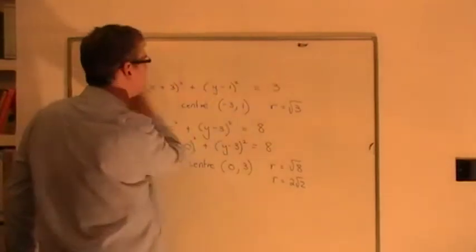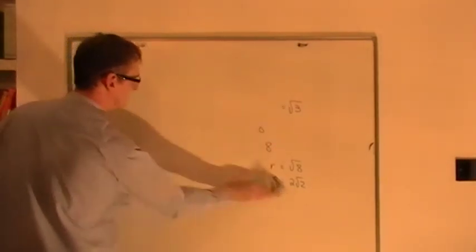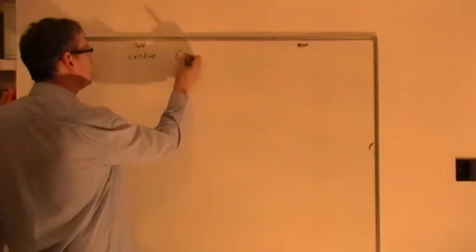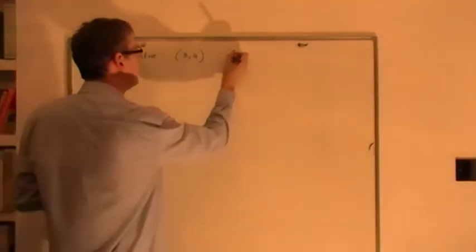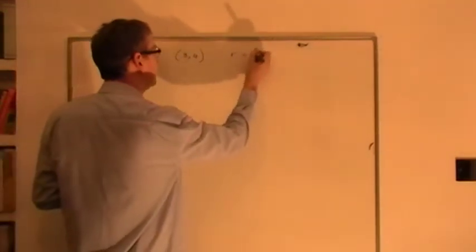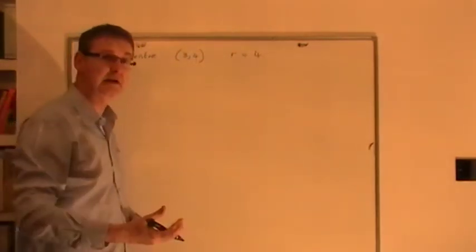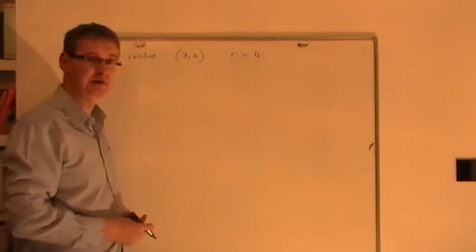Okay, let's say that we know that the centre of a circle is (3, 4), and I know that the radius is 4. Then from that information I can very quickly work out what the equation of the circle is.